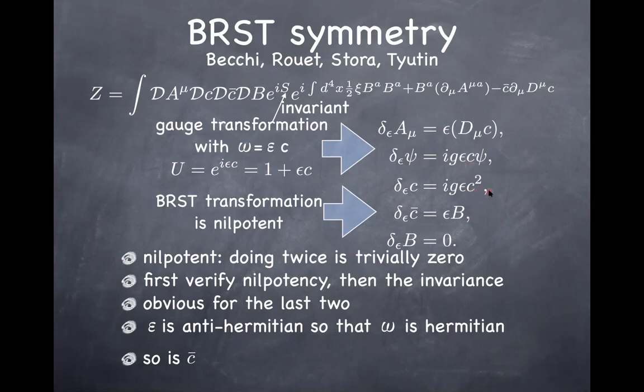So C squared turns out to be the structure constant f^ABC times C^B C^C. So C^B C^C is antisymmetric, but the structure constant is also antisymmetric. So this is actually non-vanishing. Thank you, that's an excellent question, and we rely on that fact for the rest of the arguments.